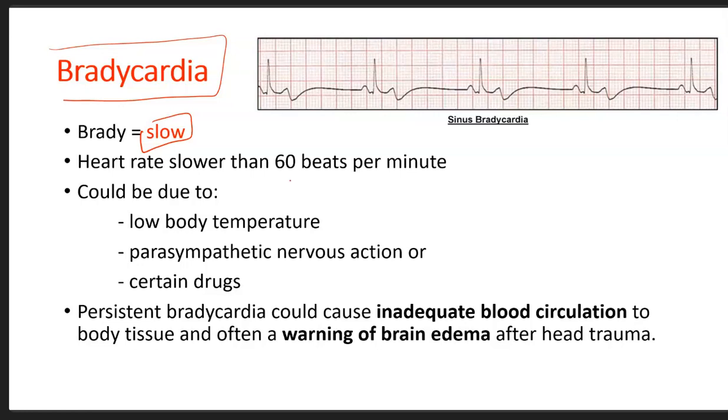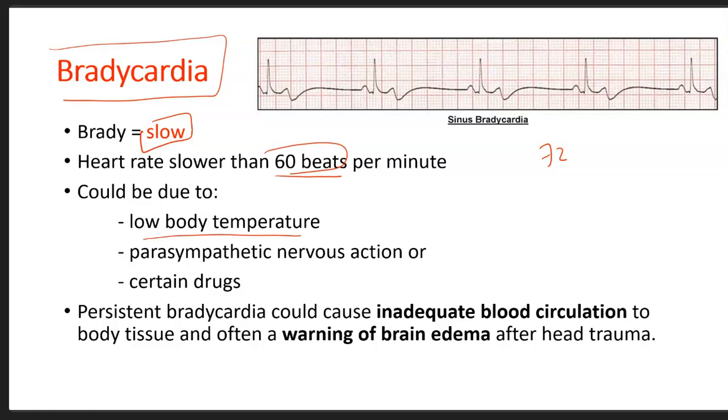So the heart rate will beat slower than 60 beats per minute. Kalau normal tadi 72 beats per minute, kan? Tapi kalau bradycardia, the heart will beat slower, which is below 60 beats per minute. Okay. And then the factor could be due to low body temperature, parasympathetic nerve action, or certain drugs.